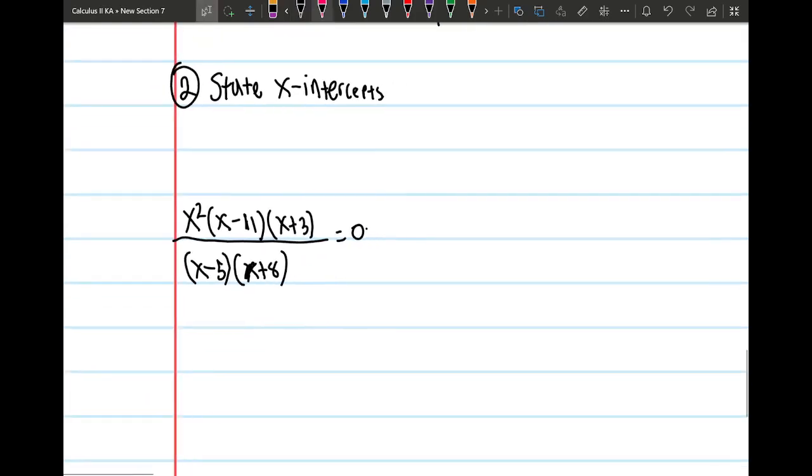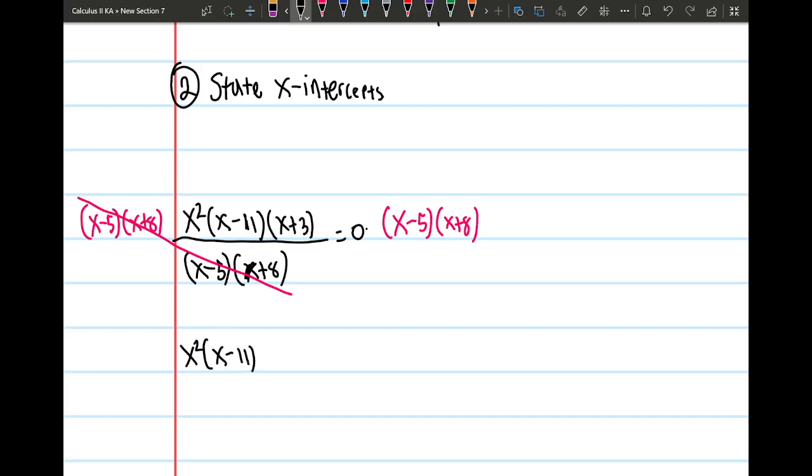So to solve for x, we want to multiply both sides by x minus 5 times x plus 8, since we want to get rid of the denominator here. Doing that to both sides, we get x squared times x minus 11 times x plus 3 equals 0.